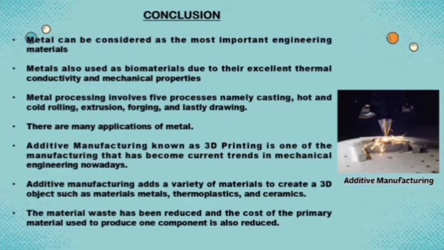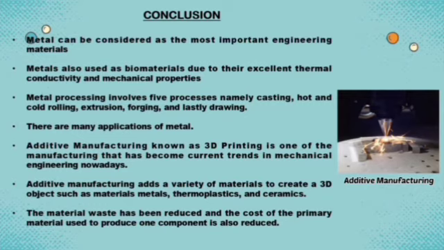From this presentation, we know metal processing involves 5 processes: casting, hot and cold rolling, extrusion, forging, and also drawing. We also know that there are many applications of metal, especially steel and aluminium, which can help in the field of mechanical engineering.